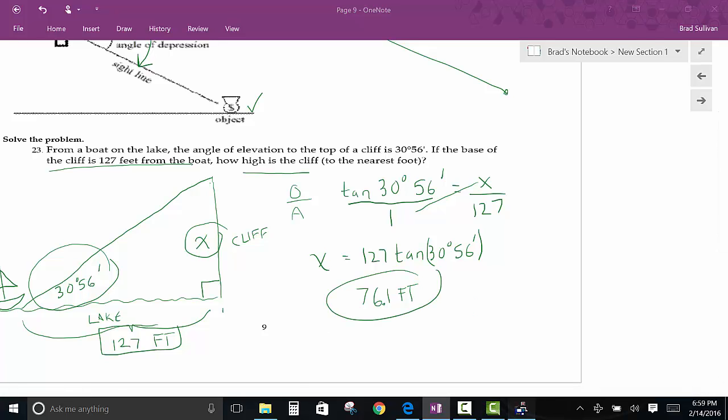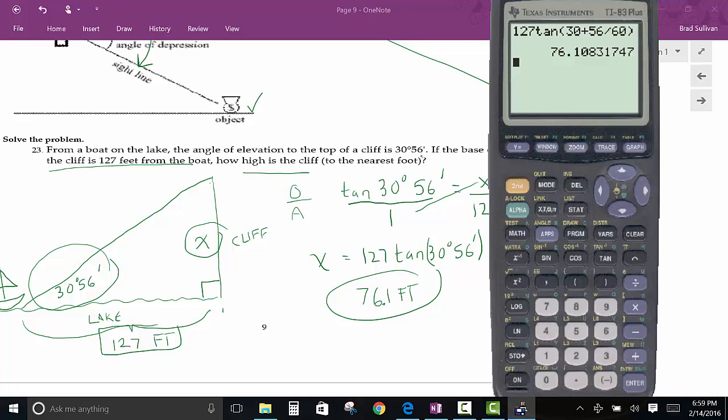Okay, I do want to show you one other thing on this calculator, because you can also go like this. You can also go 127. Now, you don't have to put the time symbol in there, but you could. Tangent, and then you can also go like this, 76. You can go second apps to get the angle command to come up, and then just highlight the degrees. Then you can put in the, oh wait, I'm putting in the wrong angle, so let's back up and go over that then.